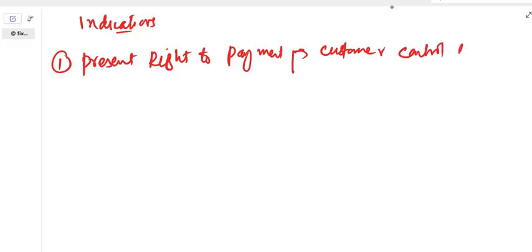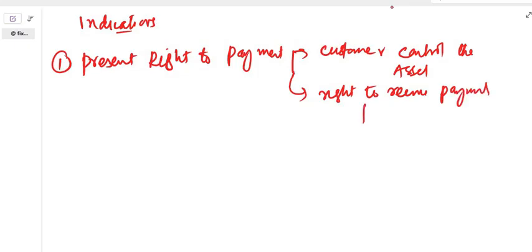because the customer controls the asset, and that creates the right to receive payment for that asset. Okay, this is the first one.